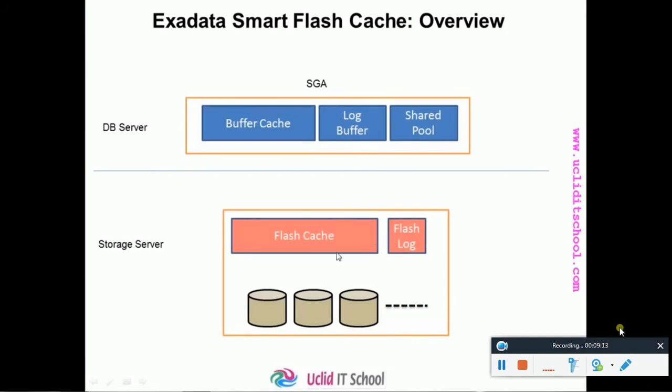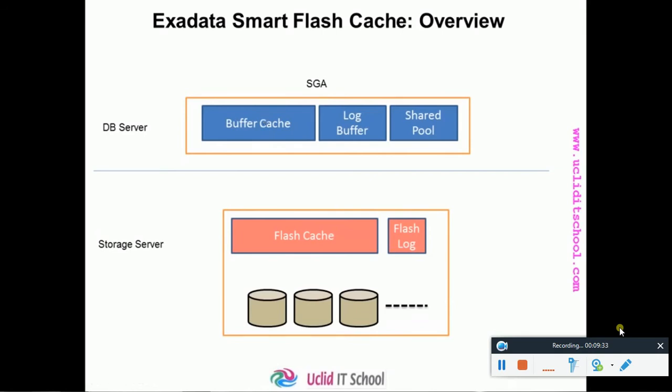Compared to disk, flash storage is much faster. Now, on the database server, you have DRAM, you have RAM, which has the buffer cache, right?